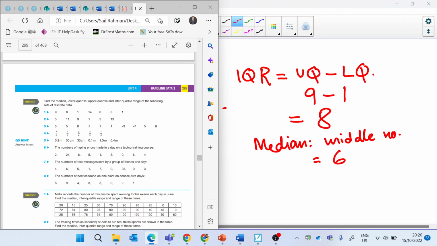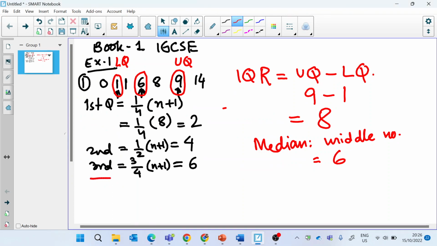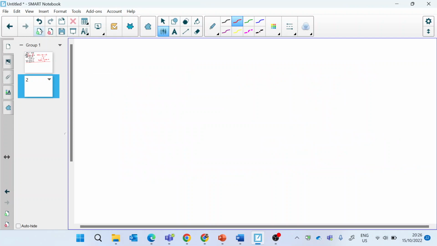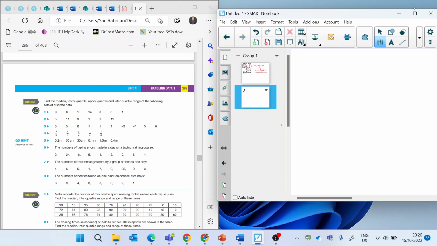Now let's see the median, lower quartile, upper quartile, and interquartile range of the other numbers. That was question 1. In question 2, let me write on a new page: 5, 11, 9, 1, 3, and 30.